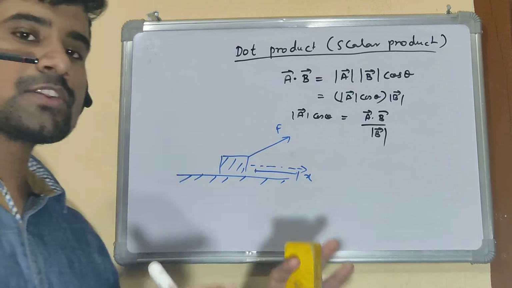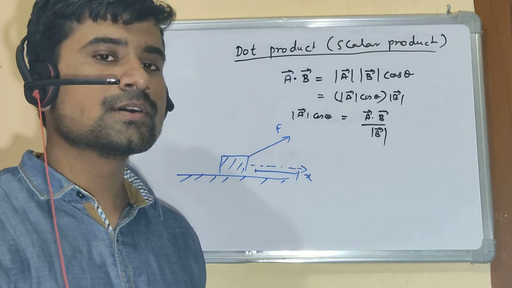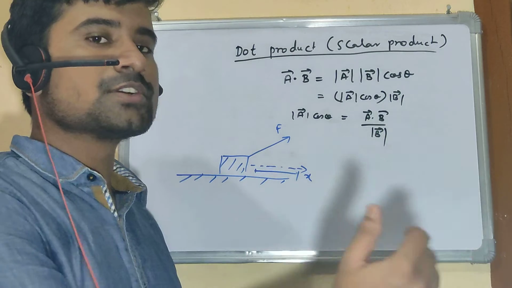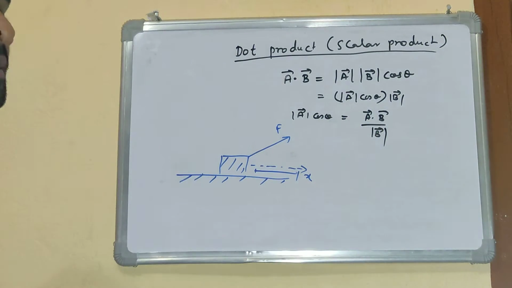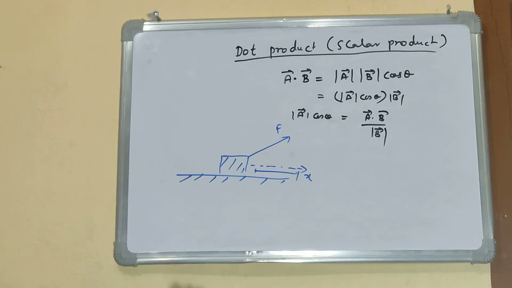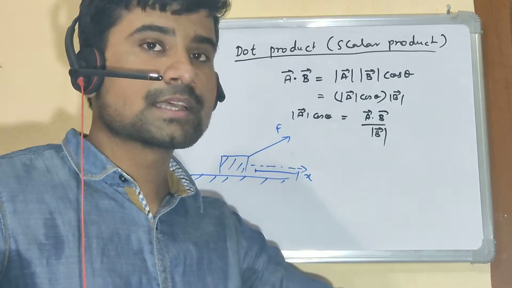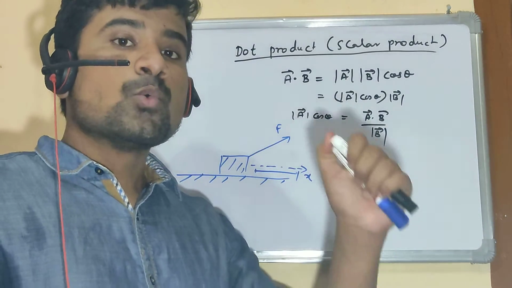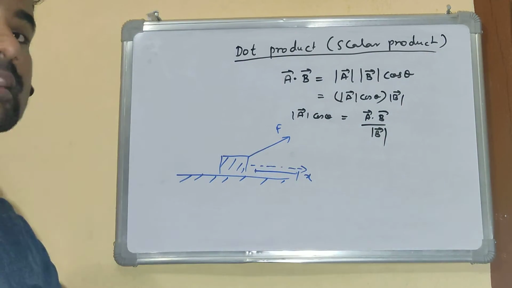What is the definition of work? Work is the product of force into displacement. You would have studied in your junior classes. But actually, when we talk about work, we talk about displacement in the direction of force, right? So work is said to be done only if there is a displacement in the direction of force.